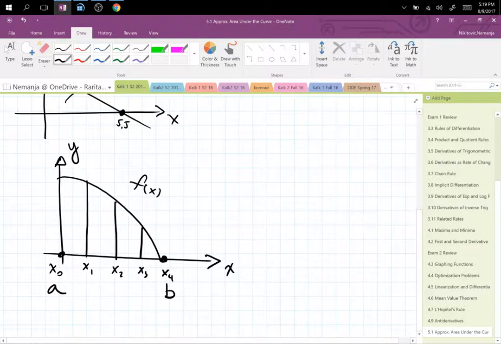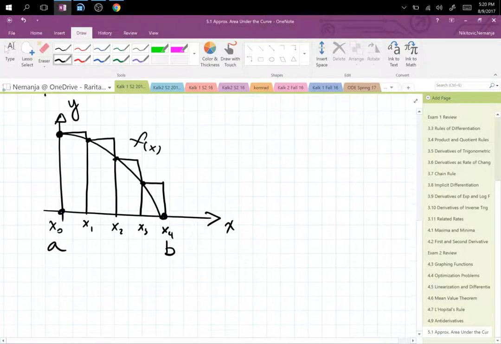And I'm going to create these rectangles using the left point. I hope you see that we have 4 rectangles to work with.